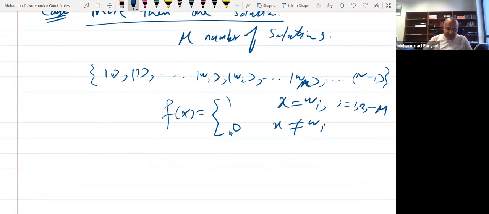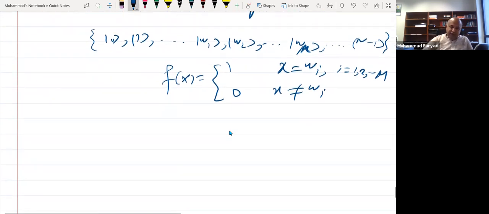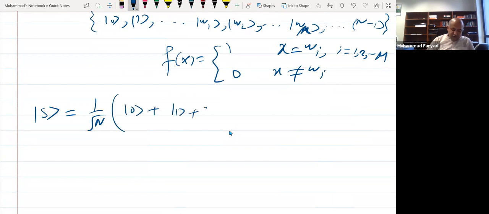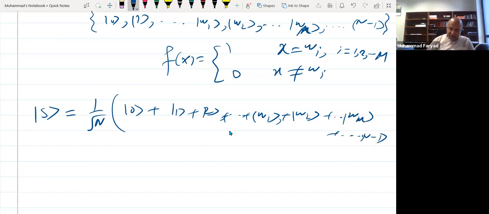In that case, I can write the superposition state S, right after applying Hadamard, like this. Just to recall, this state was 0, 1, 2, W1, W2, all the way to W mu, and all the rest of the states. So this is an equal superposition of these states.